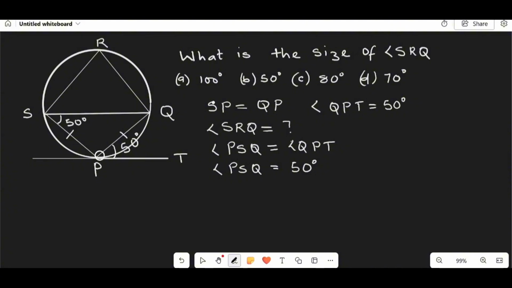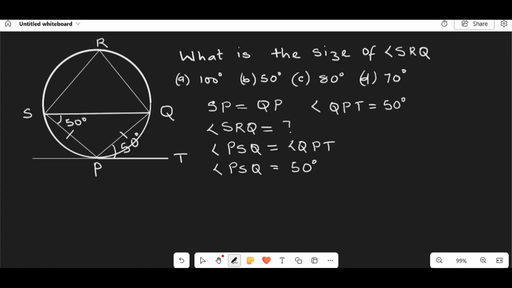Now, in the diagram, you will see that our line XP is equal to QP. It means that our triangle PXQ is an isosceles triangle, and base angles of an isosceles triangle are equal.